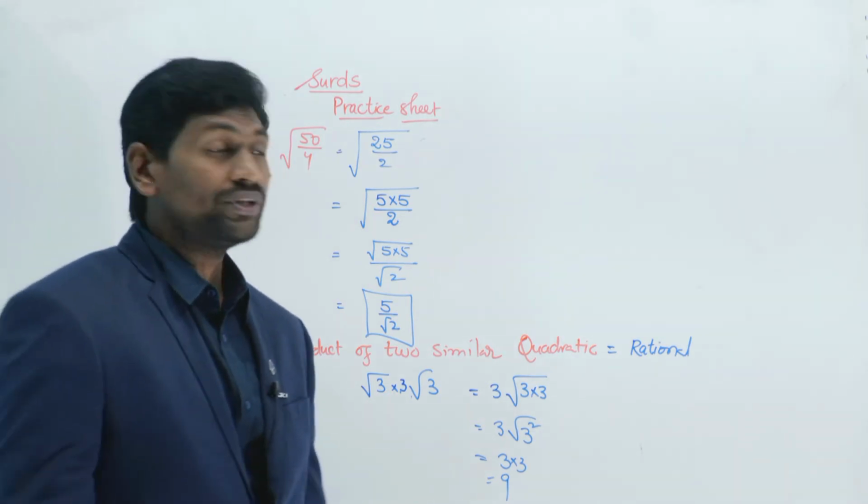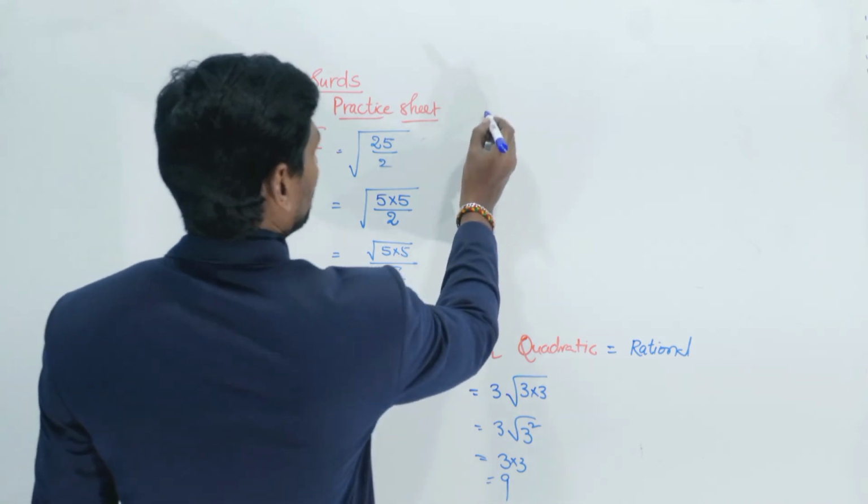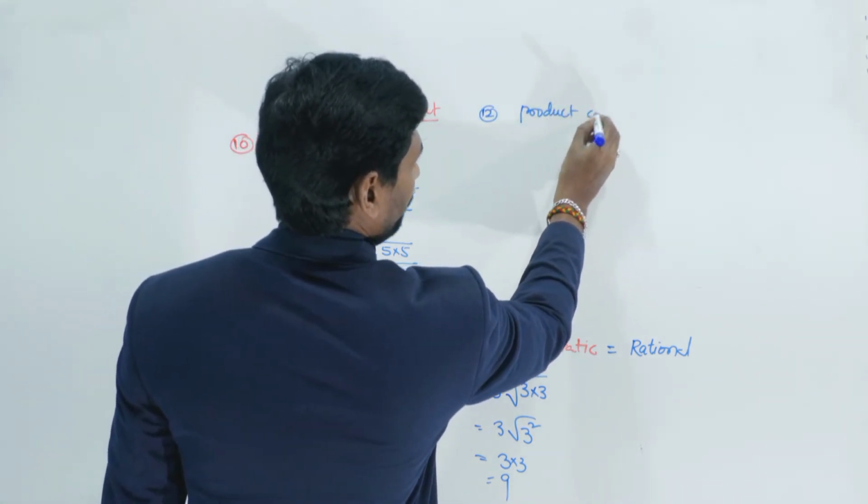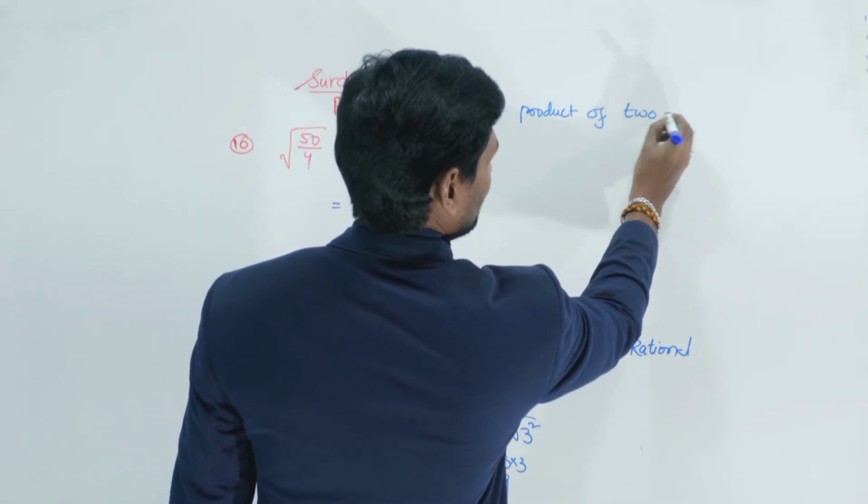And product of two dissimilar surds. 12th question. Product of two dissimilar surds.